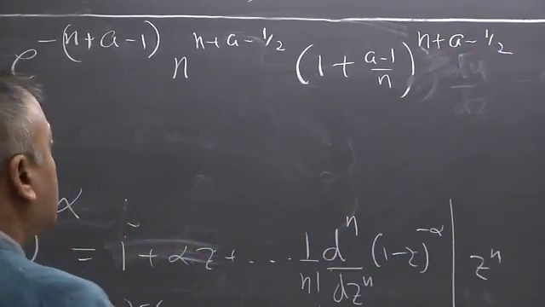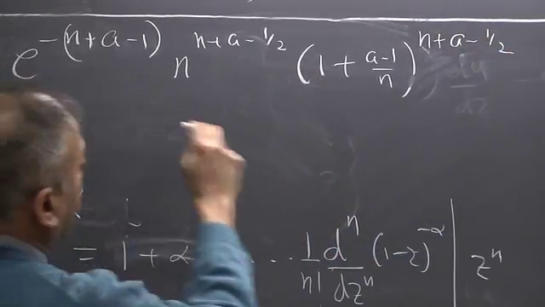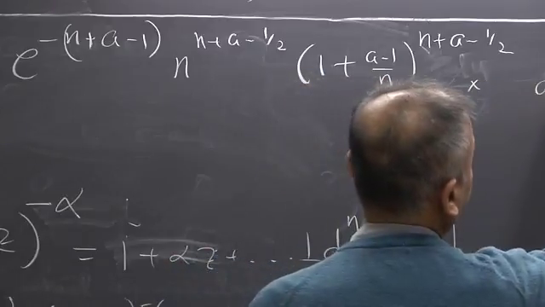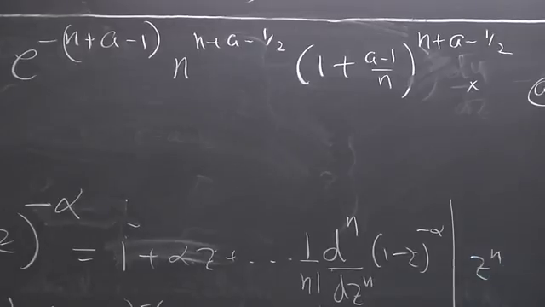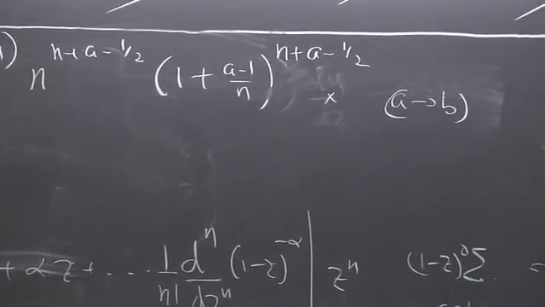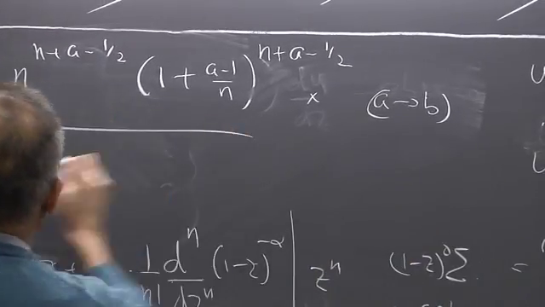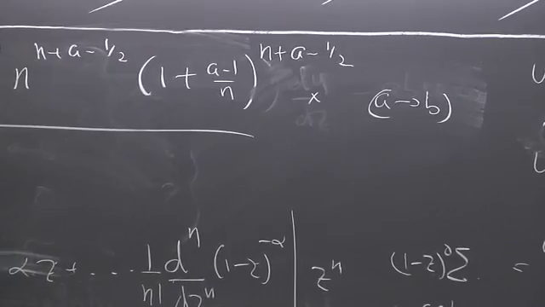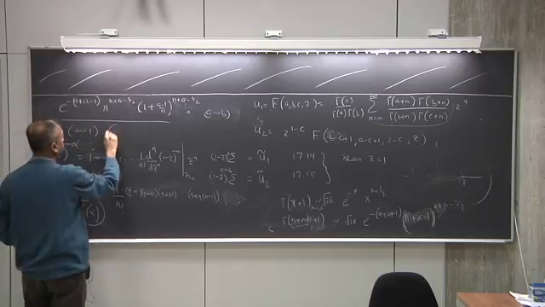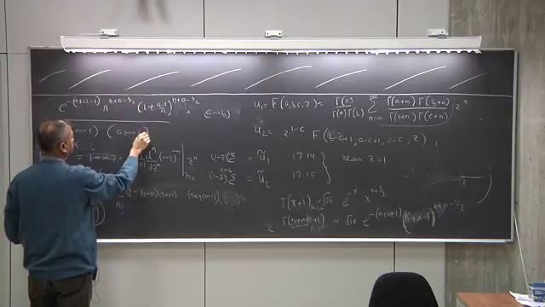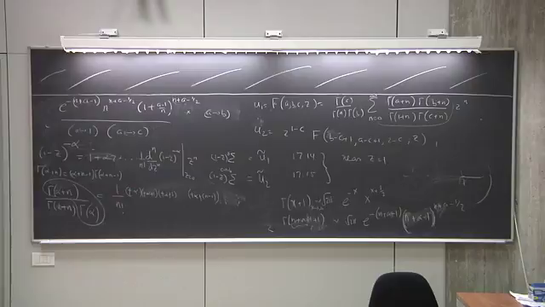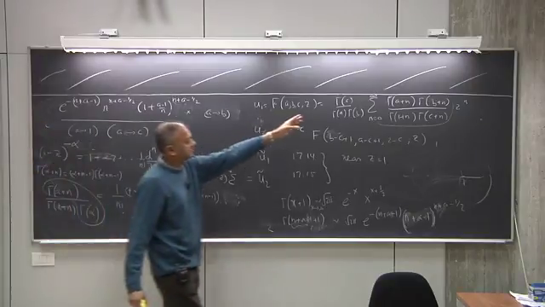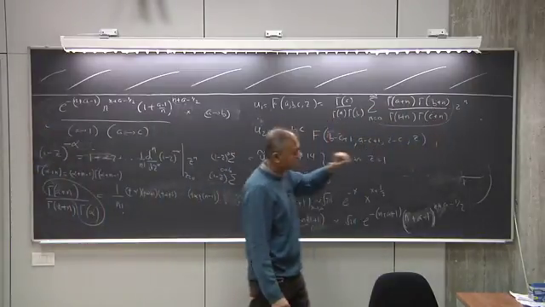That's one, times the same thing with a replaced by b, divided by the same thing with a replaced by 1, and then multiplied by the same thing with a replaced by c. So this is the ratio. There's an overall factor in front, but let me just focus on the inside.